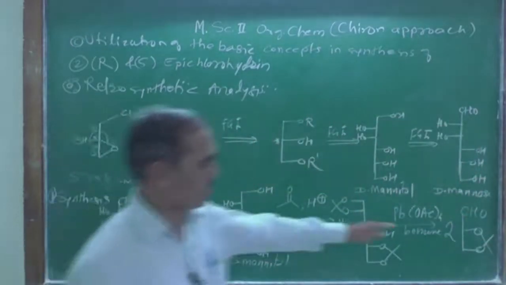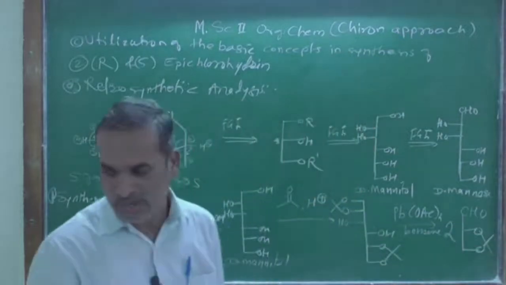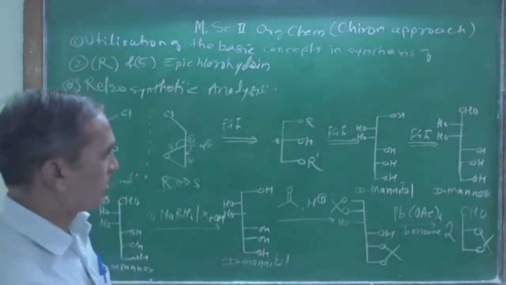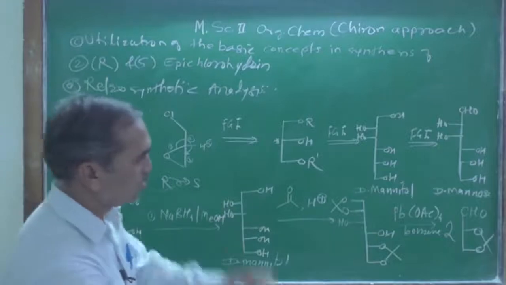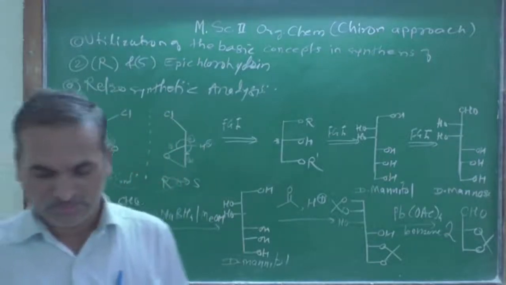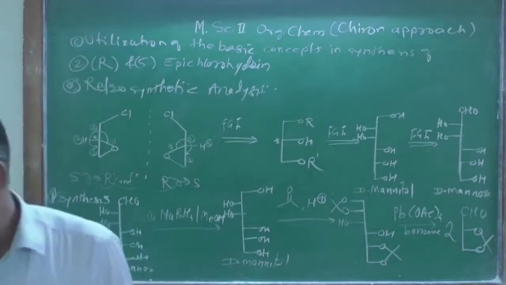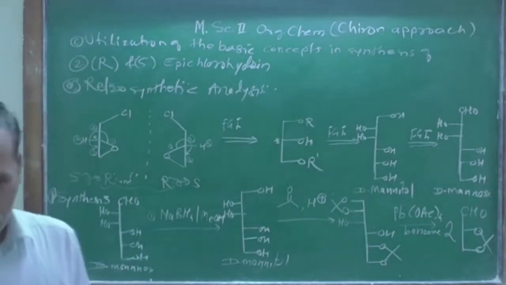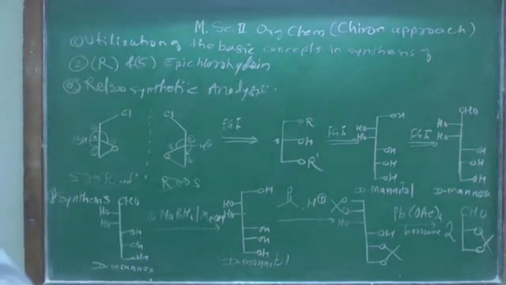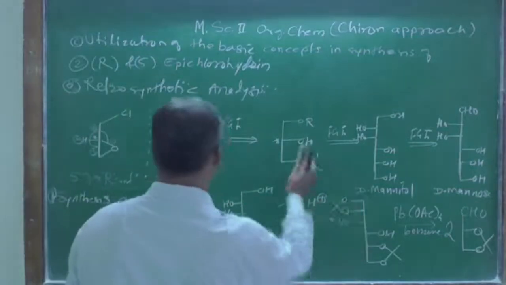glyceraldehyde we are getting here, protected glyceraldehyde, right? Protected glyceraldehyde we have got here. And after that, let me clean some part of the board so that we can see this.